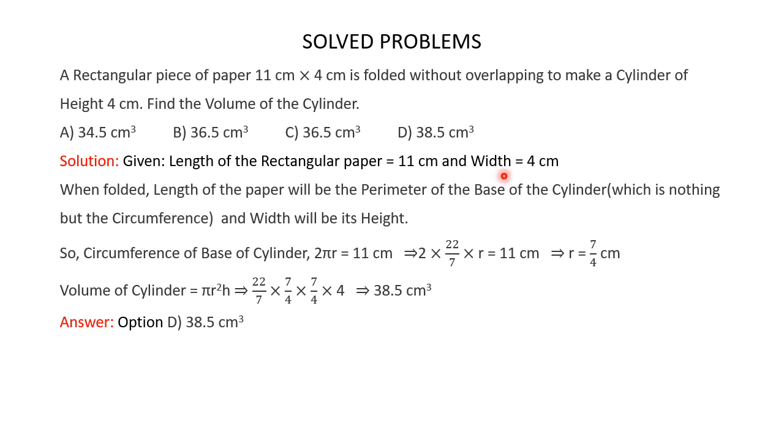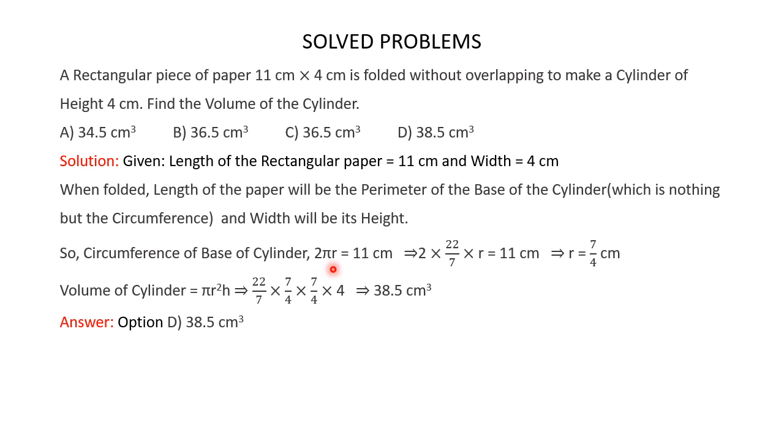Since it's given that width of the rectangular paper is 4 centimeters, it means that the height of the cylinder is also 4 centimeters. Now we know that circumference of the base of the cylinder is 2 pi r. Now we also know that the circumference of the base of the cylinder is 11 centimeters.